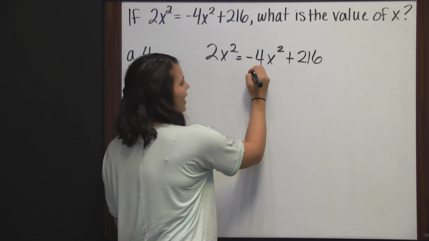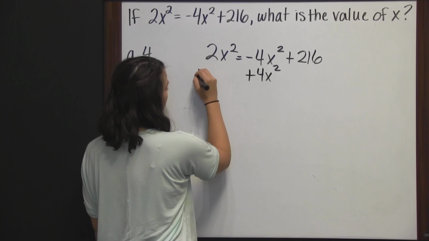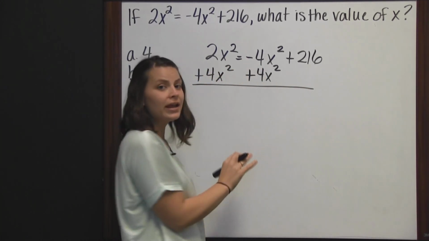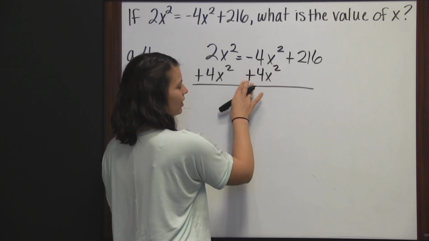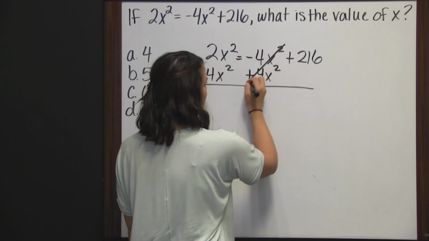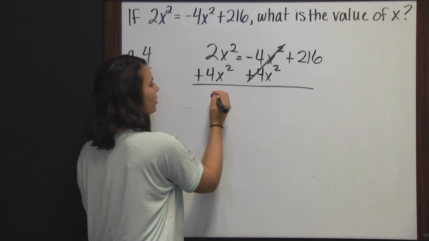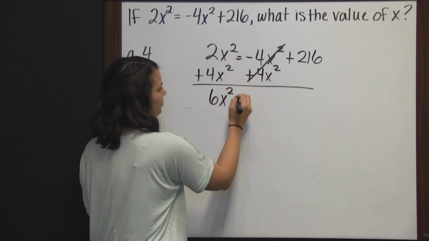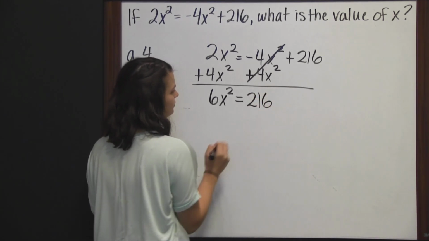So I'm going to add 4x squared to both sides, so that way on the right-hand side, it'll cancel because I have a negative 4x squared and a positive 4x squared, and those are additive inverses. Now on the left-hand side, 2x squared plus 4x squared is 6x squared. Bring down the equal sign and bring down 216.